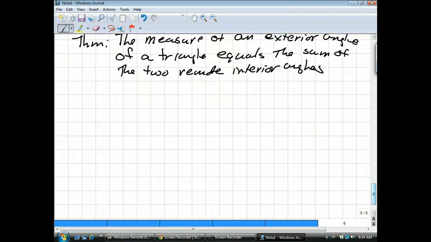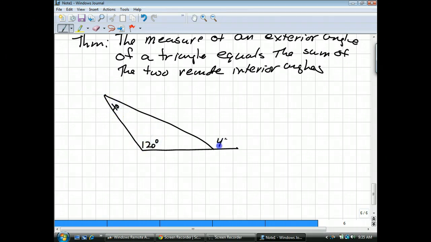Right, so for example, let's say I have this triangle where this angle is x degrees, this is 120 degrees, and my exterior angle is 4x. So I know that, and I want to find the value of x, so I know that this angle equals the sum of this angle plus this angle.